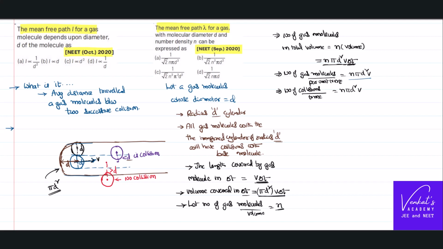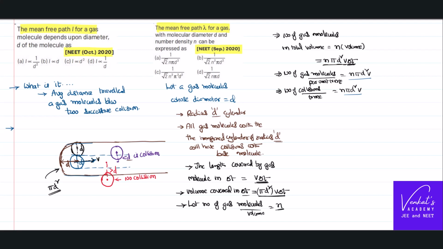Therefore, that many collisions will happen. It will have collision with each of the gas molecules in that volume. Therefore, that becomes the number of collisions that happens per unit time.